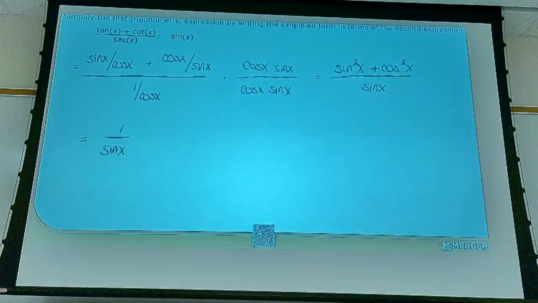So again, really, the best thing you can do is just do a lot of these types of problems. Just remember the methods. You can either start with one side and work to the other, reduce both sides so that they go to the exact same thing, or show that their difference is equal to 0.